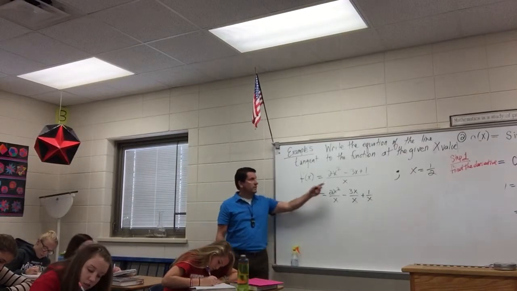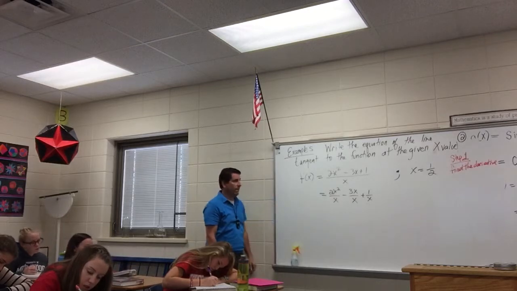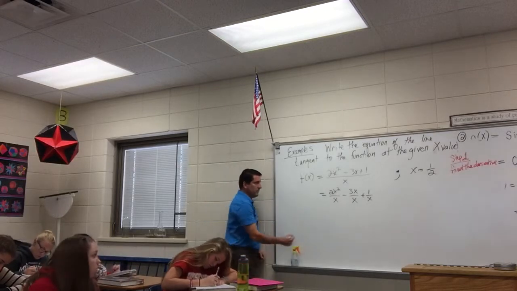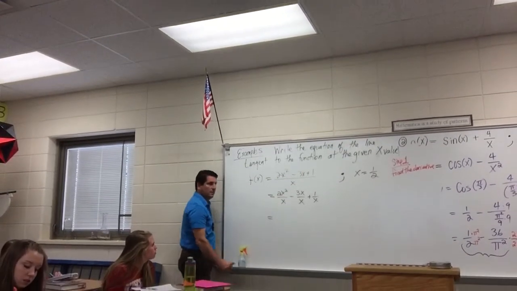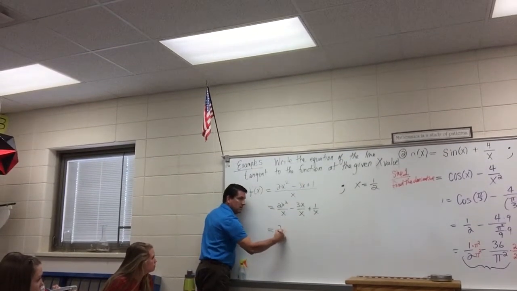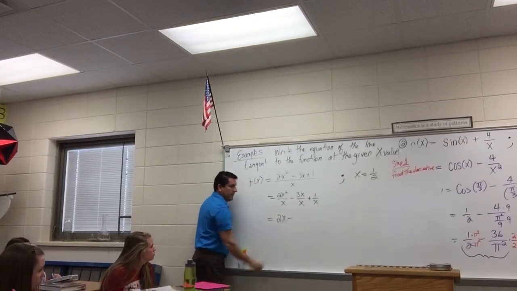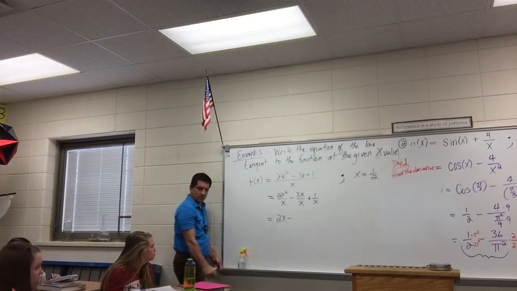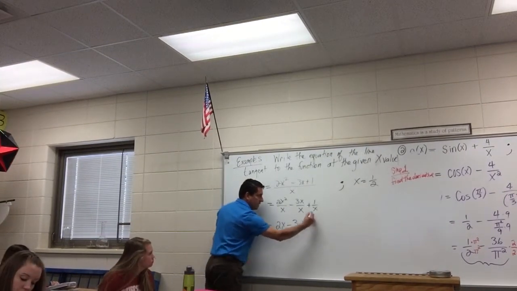As long as we can take each of the terms on the top and divide it by the x. And watch what happens. We can clean this up a little bit more. 2x squared over x is 2x, minus 3x over x is minus 3, plus 1 over x, can't do much with that.